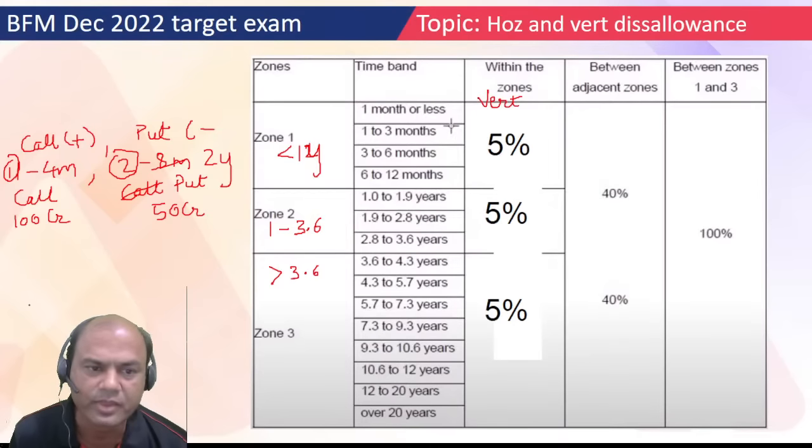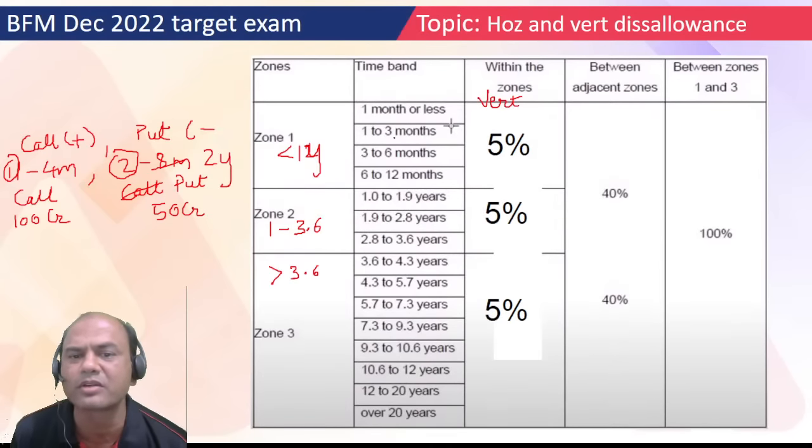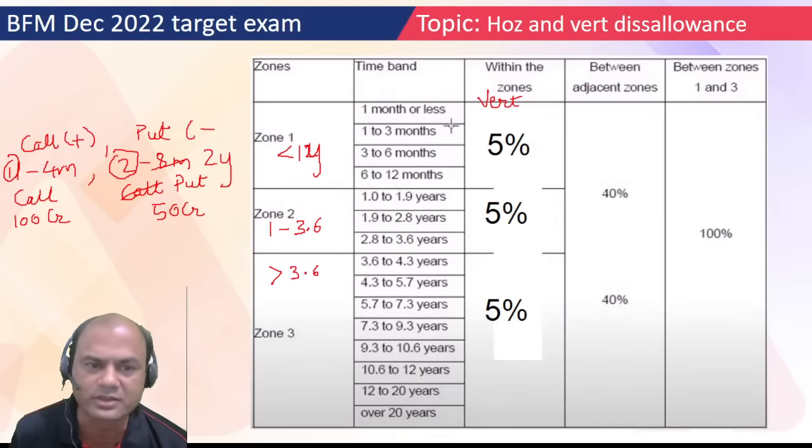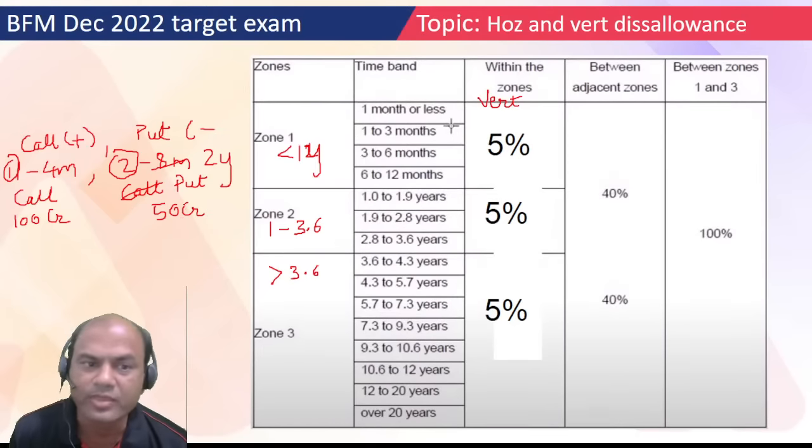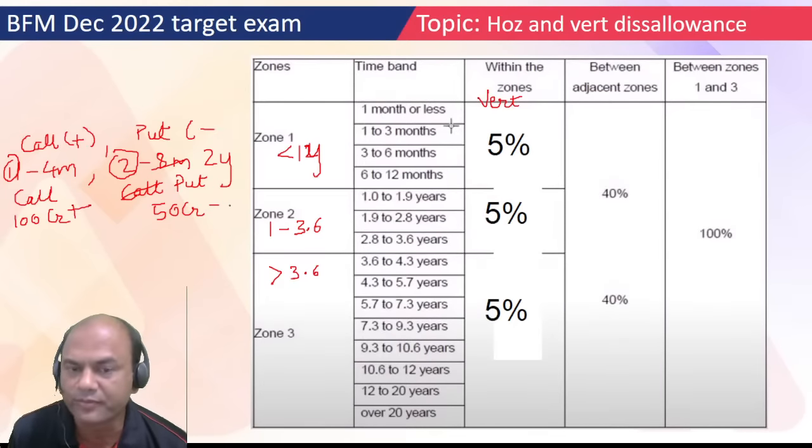Suppose, see this, the call is given as 100 crores, which means one bond is within zone 1 of, let's say, 3 or 4 months. The second bond is for 2 years, and that is 50 crores. One is with call, the other is with put. Then I can adjust it. So 100 and 50, 100 is plus and 50 is minus, because 50 is with put. So what is my adjustment?